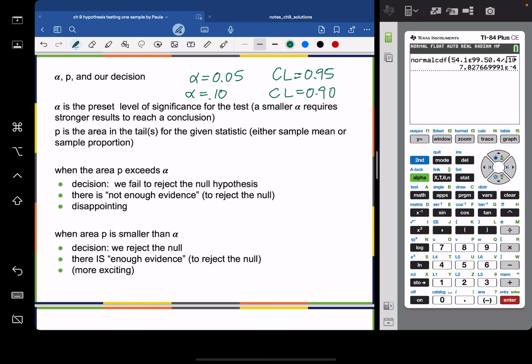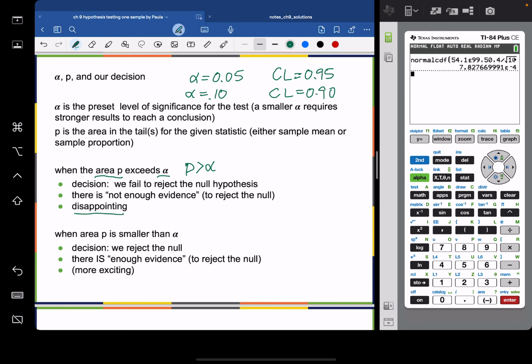So the area P is the area in the tails for the given statistic. And we end up comparing the area P with alpha. And that's how we decide: when P is greater than alpha, we fail to reject the null hypothesis. There is not enough evidence to reject the null, and we're a little bit bummed.